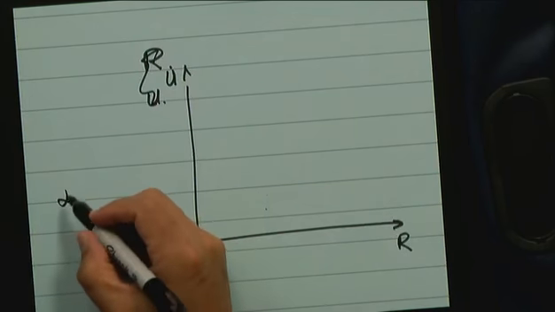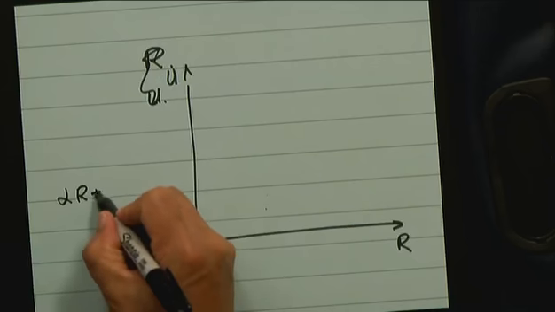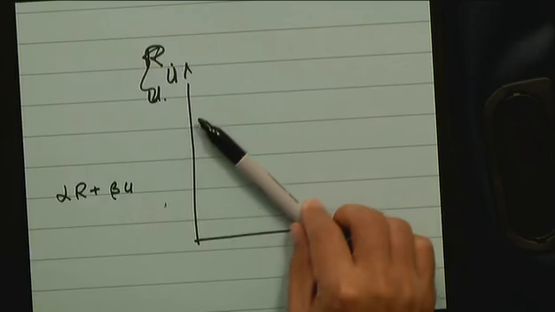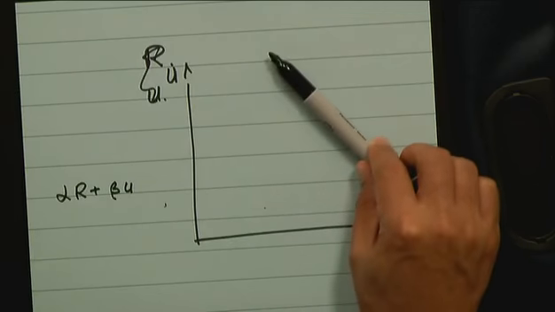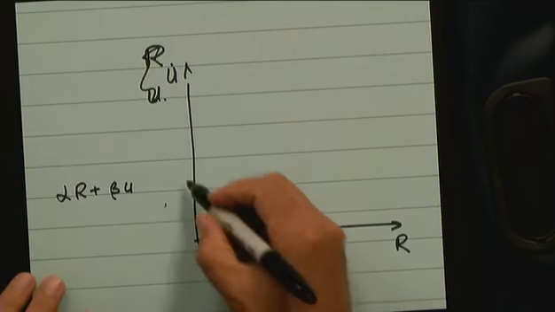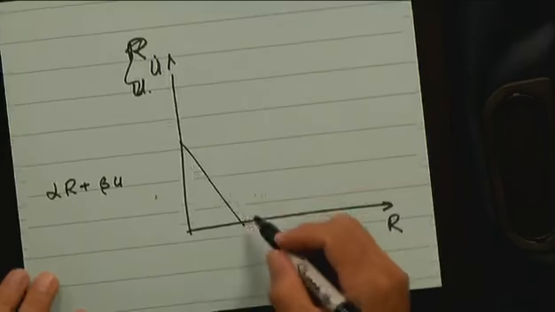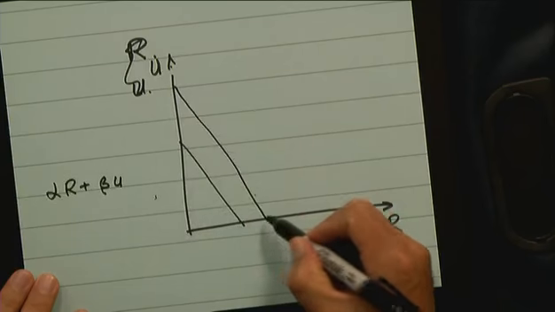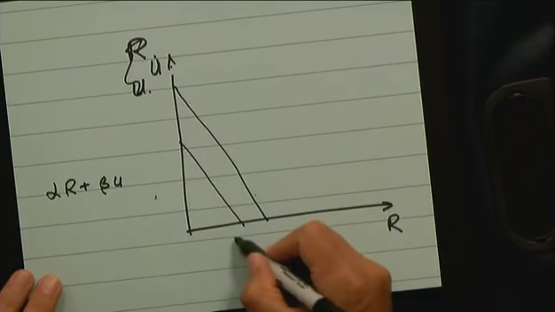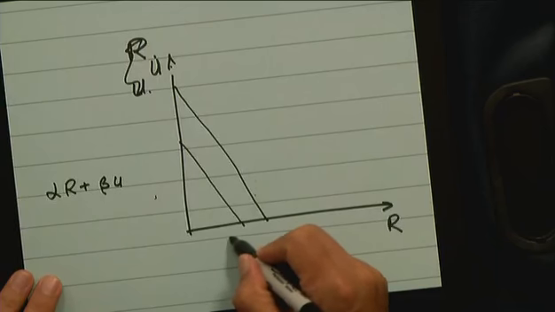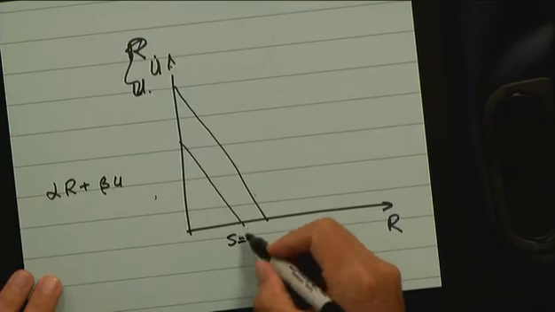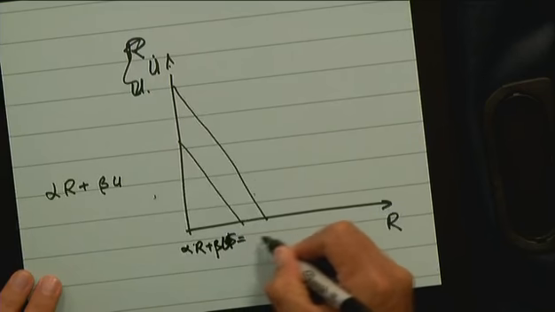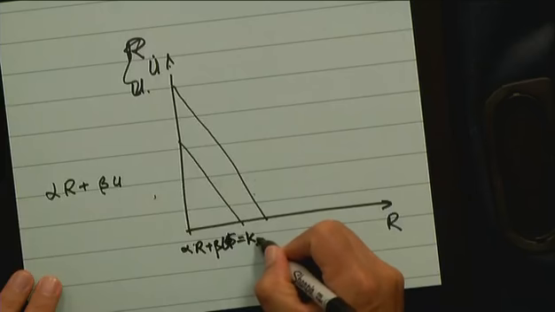Then what is alpha R plus beta U? It's basically a line here, equal to something is a line here. For example, you may have something like this, and something like this. So this is S equal to, or alpha R plus beta U equal to KL.